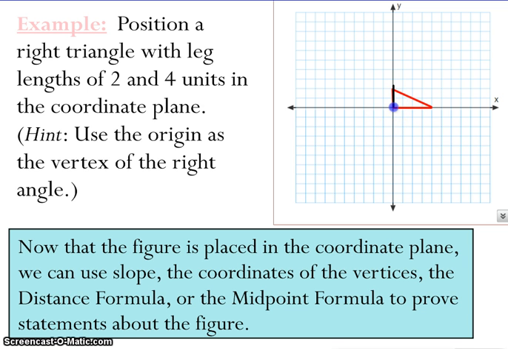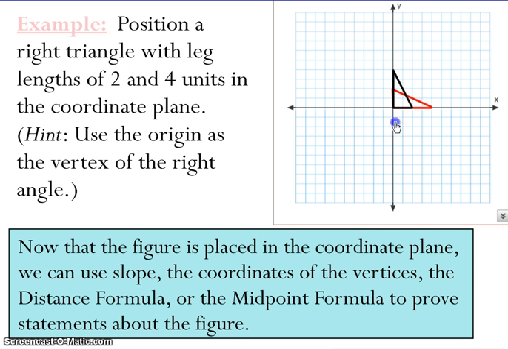We could have also gone up 4 and to the right 2. So there were actually 2 different answers that we could make for this particular problem, either the black triangle or the red triangle. Both of those were right triangles with side lengths of 2 and 4.